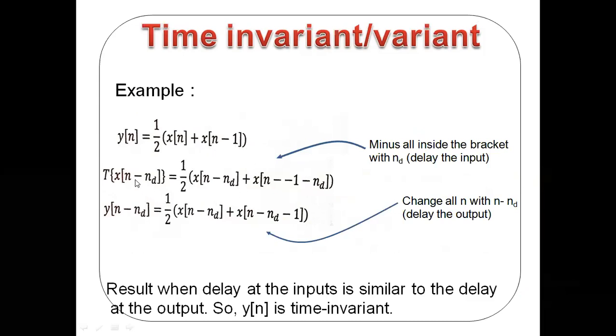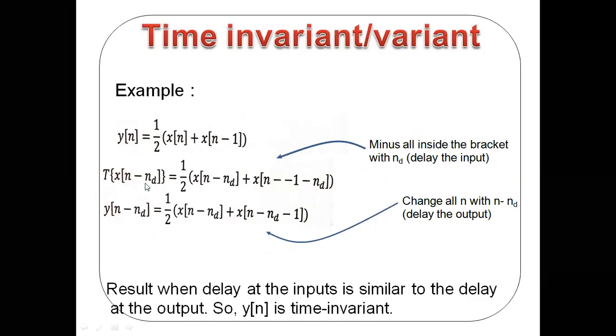If we delay the input by nd, supposedly the resultant equation will be half x[n minus nd] plus x[n minus 1 minus nd]. This should be only one minus, not two minus, so please cancel one minus of it. This is the case where we delay the input by nd.